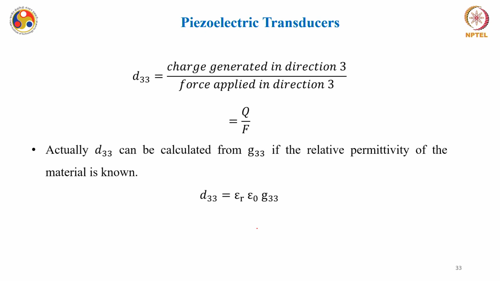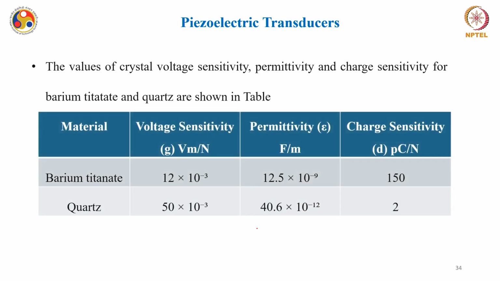So D33 can actually be calculated from G33 if the relative permittivity of the material is known, by the formula that we have seen, and the crystal voltage sensitivity, permittivity and charge sensitivity, all these three, are important for designing a piezoelectric transducer. And if you compare a natural existing piezoelectric material and a poled or artificially generated piezoelectric transducer, you can see a basic comparison between them, okay.